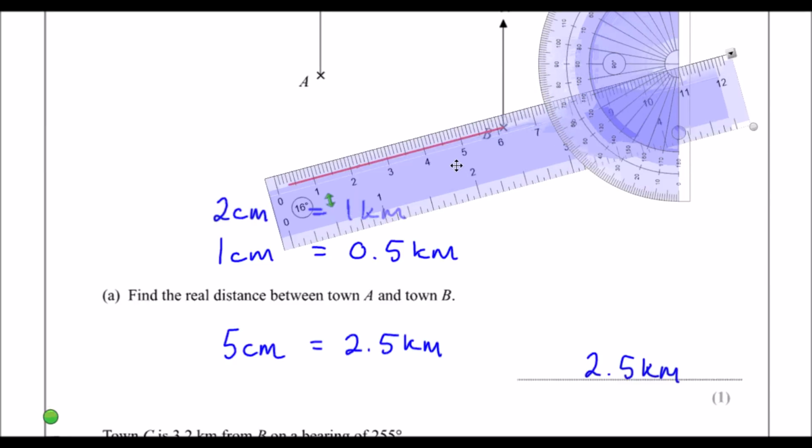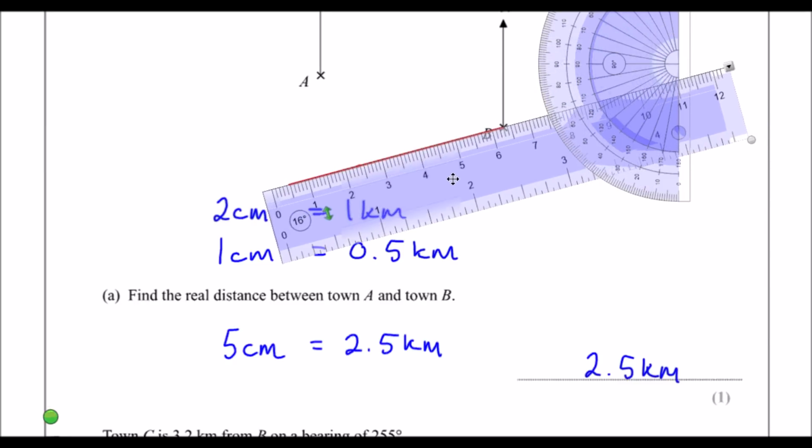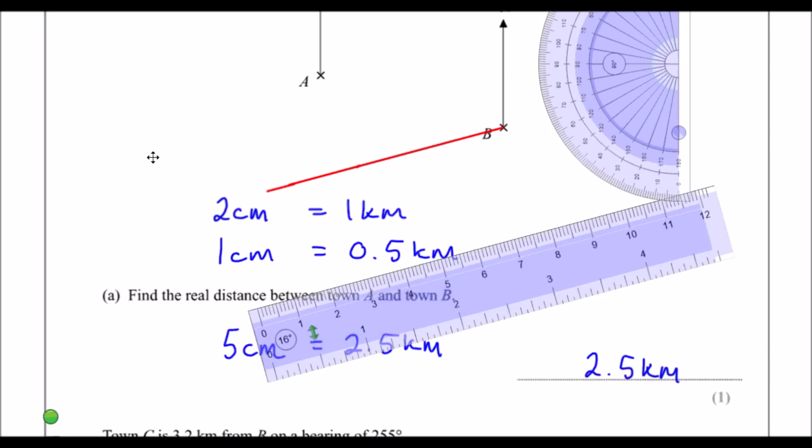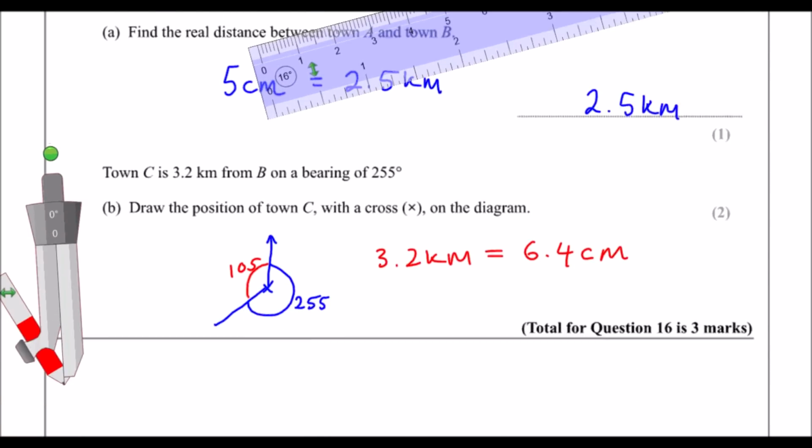So let's get the ruler. We want 6.4 centimeters. So we need the line to be a little bit longer, to there, so 6.4 centimeters. And there is our point.